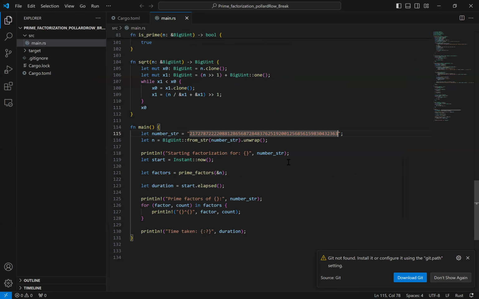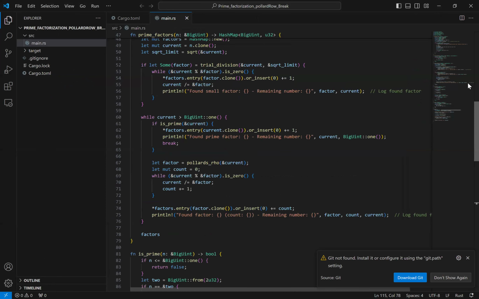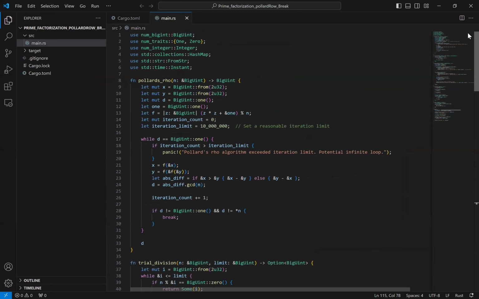From line 81 of the code, from the top, I think I can see you have imported some libraries: use num, bigint something. Good.